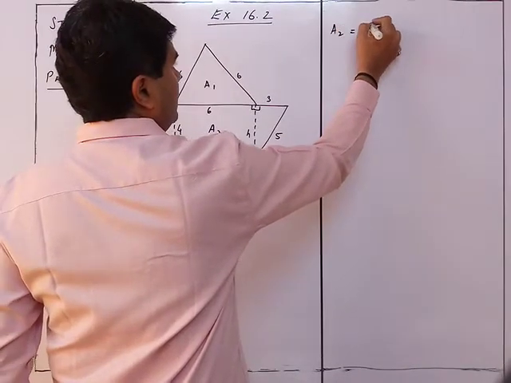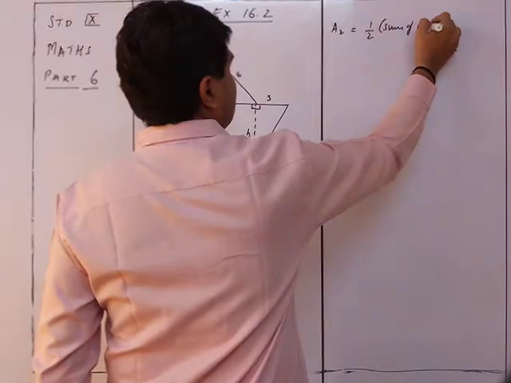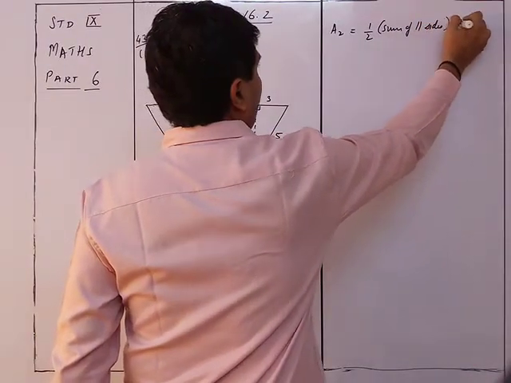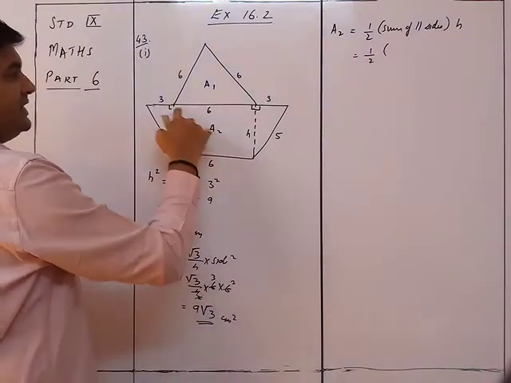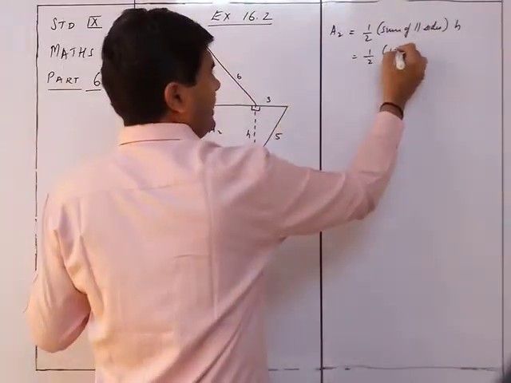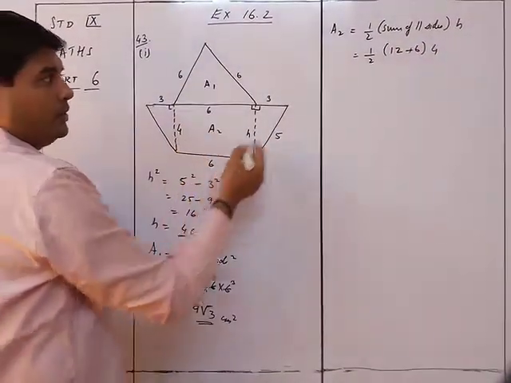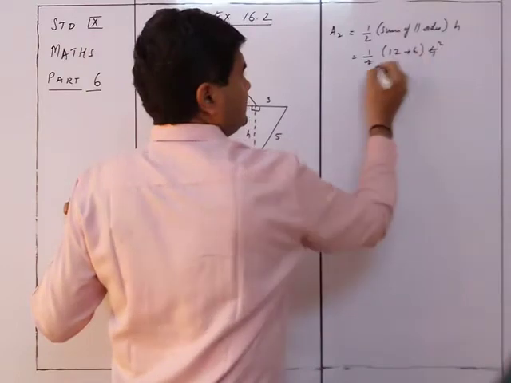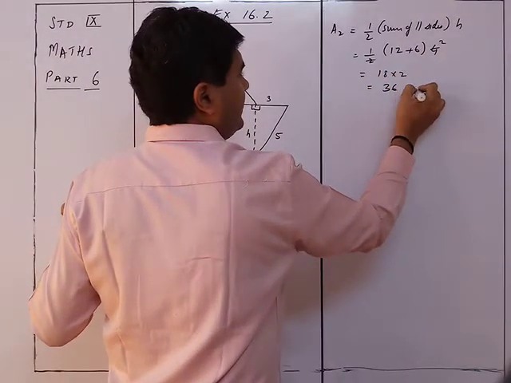A2 is equals to half into sum of parallel sides into height. So that is 1 upon 2 into parallel sides: 6 plus 3 plus 3 is 12, and 6. So it is 12 plus 6 into height 4, what we just found out. So this cancels to 18 into 2 is equals to 36 centimeter square.